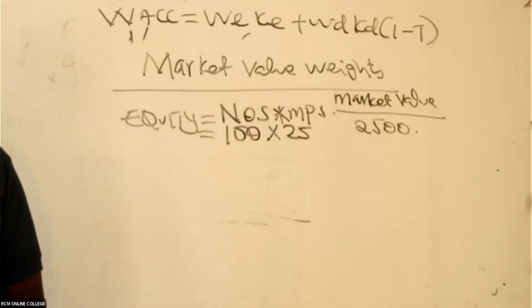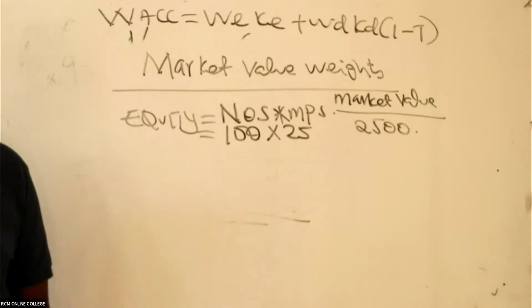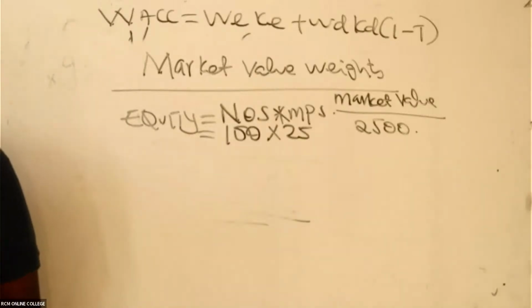Oh, I've lost some of you. Where have you remained? Sorry, Purity. We shall overcome. Are you able to remember where we left you? Have you gotten the cost of equity, the 11.94?